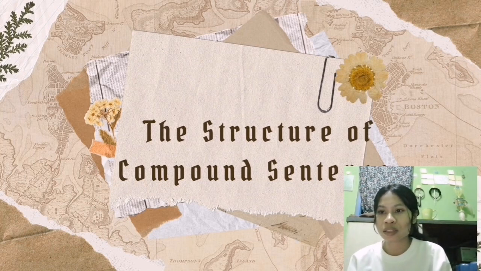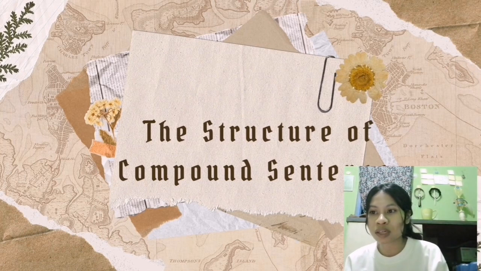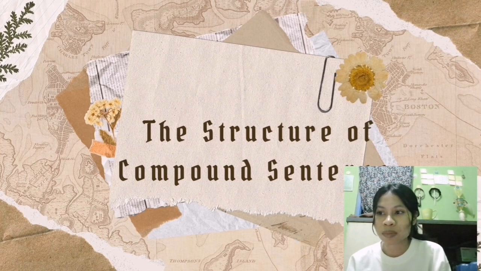So this slide serves as an introduction to one type of sentence structure in the study of English syntax. Normally, in sentence structure studies, sentences are classified based on the number of clauses and the relationship among them.